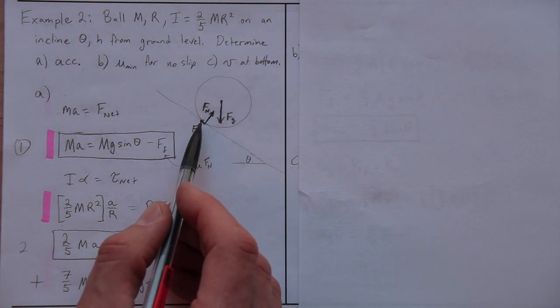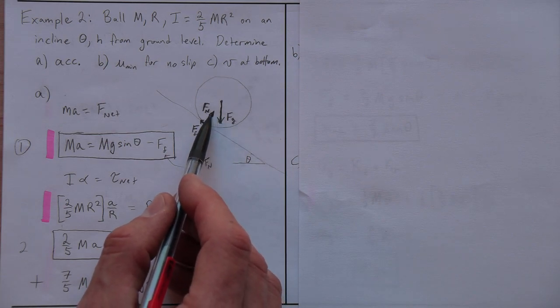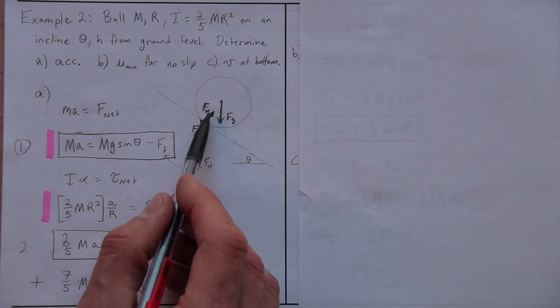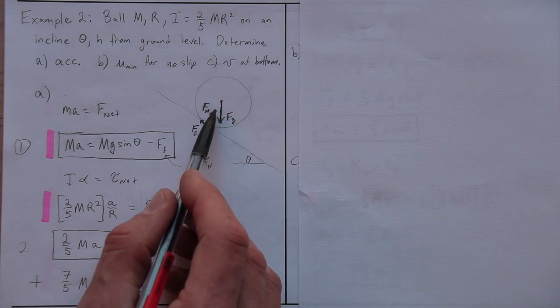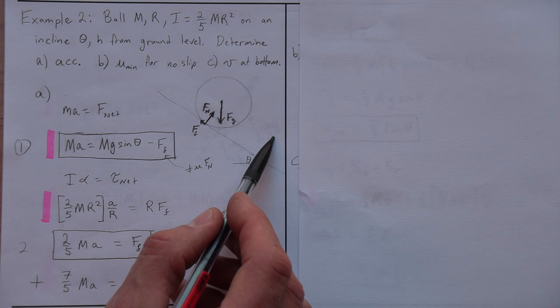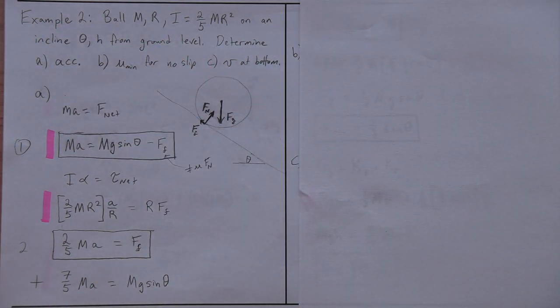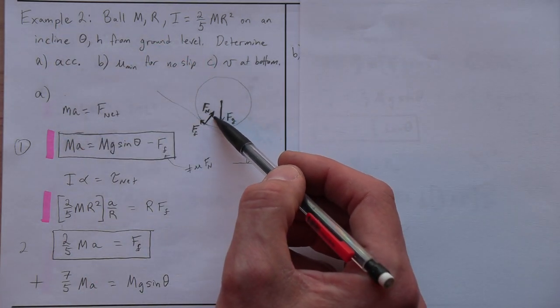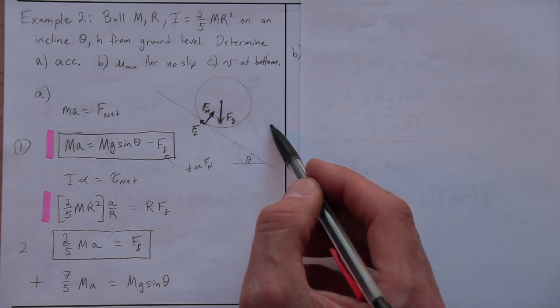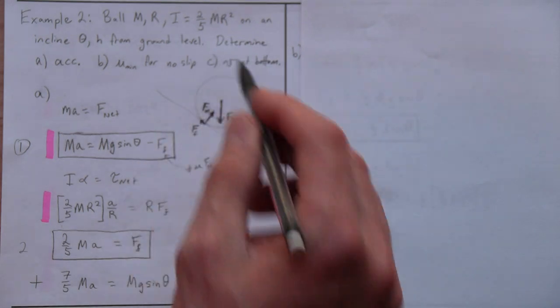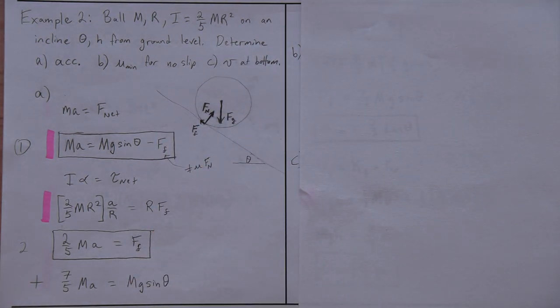Now, I took care to draw this shorter than the horizontal component here because the gravity component here is greater than the force of friction. That's why the ball accelerates down the hill rather than going up the hill. But again, you cannot draw components on an AP diagram. If you want to do it right off to the side here, you're welcome to, okay? But not on the actual diagram where you're getting graded. So that's the force diagram, just 3 forces.